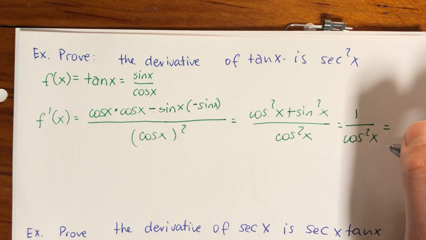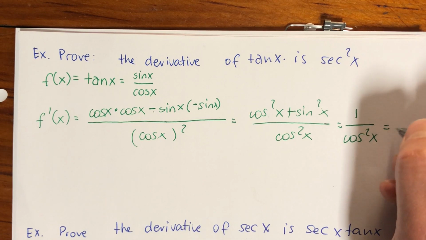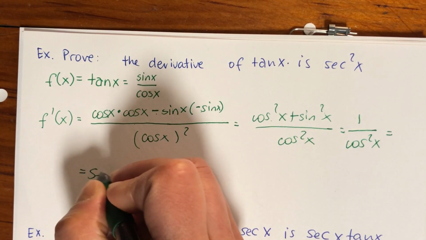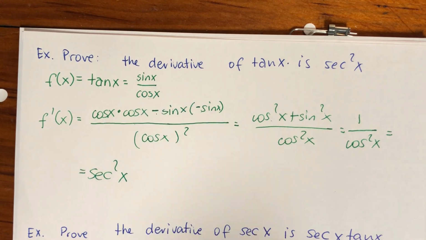And that is equivalent to secant squared of x. You just made a beautiful proof. And we are going to make one more. And after we do one more, I will give you a little bit of work to do.